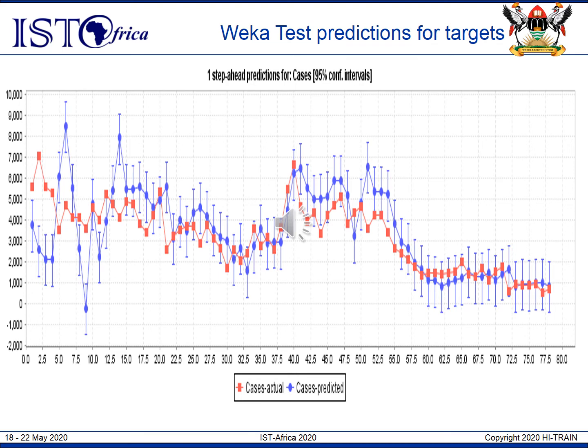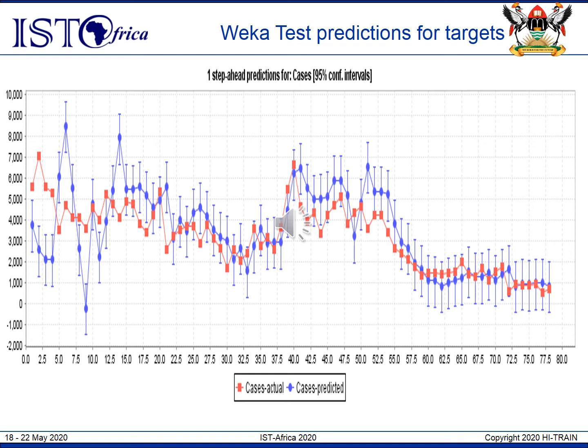This is a presentation of the Weka Test predictions for targets. As you can closely look at the start, for example, our predicted cases were much lower compared to the actual cases, and as time went by, at the start they kept on varying.